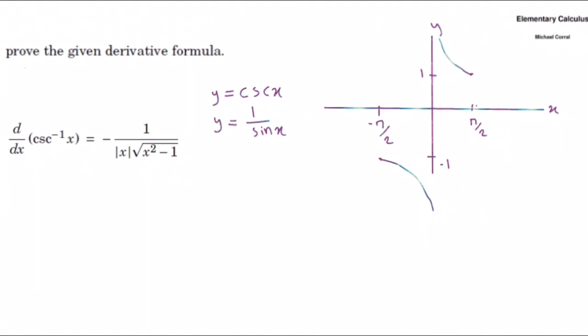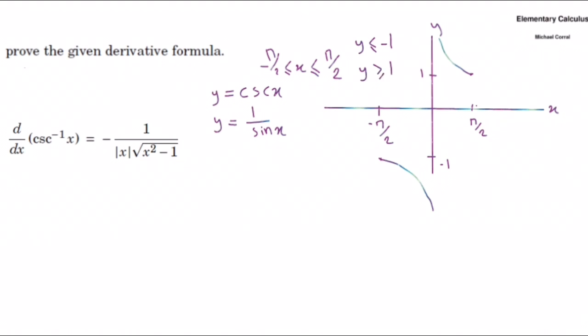So in this domain, x is greater than or equal to negative pi over 2 and less than or equal to pi over 2, the function y equals cosecant x is 1 to 1, in other words it is invertible, and its range is y less than or equal to negative 1 and y greater than or equal to 1.